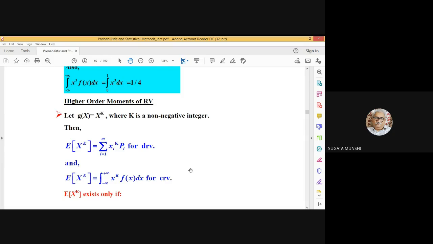What will be the first moment? Obviously, expectation of x. That will be the first moment. The second moment will be the mean square value. Substitute k equal to 2, and you will get the mean square value. Usually, up to the second moment is very important. In some cases, the third and fourth moments are also important.